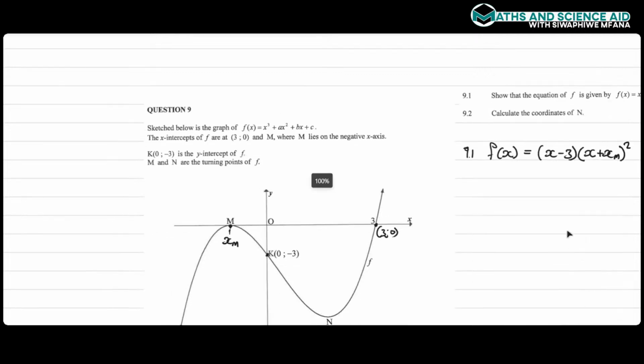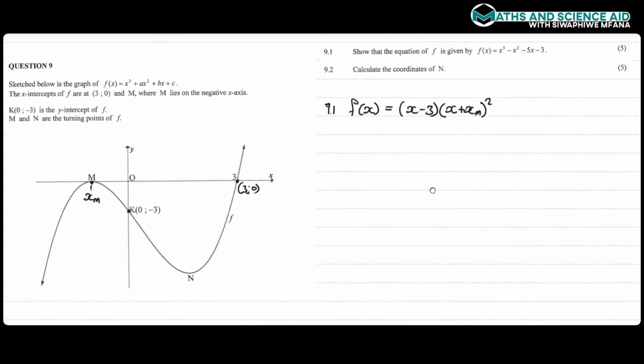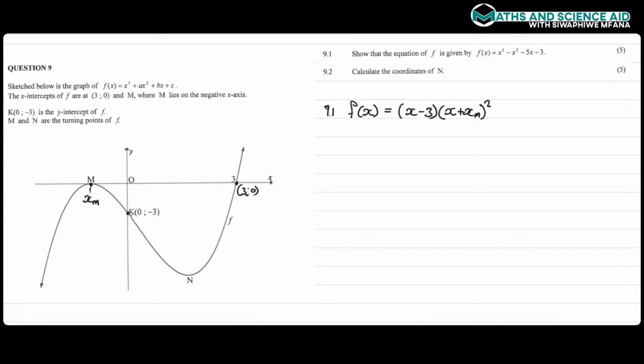Now, the next thing we need to do is take the point K and sub it in here, and then solve for the value of xm. If we sub in point K, we get -3 equals 0 minus 3 into 0 plus xm.